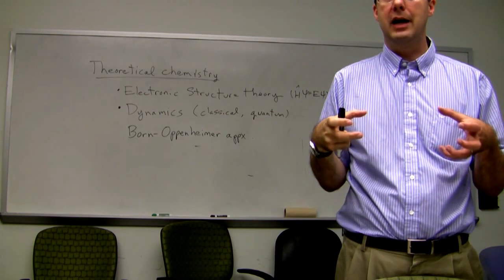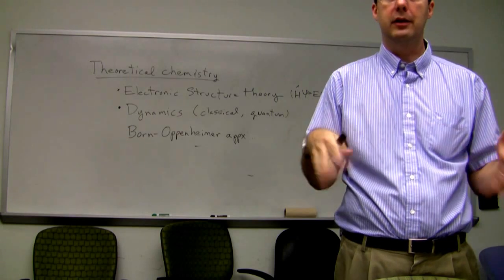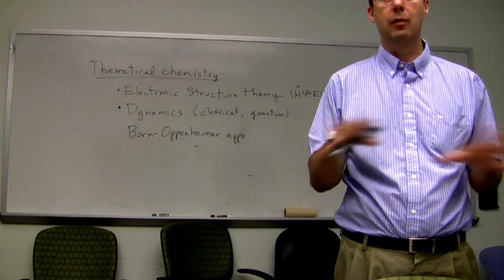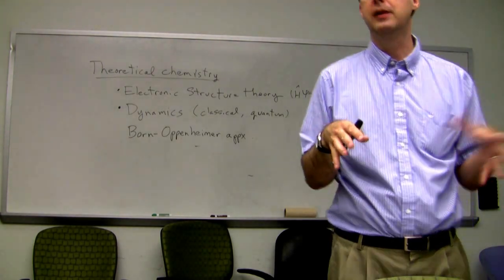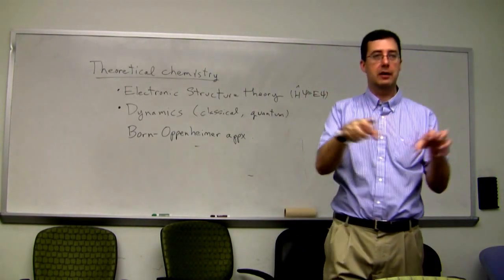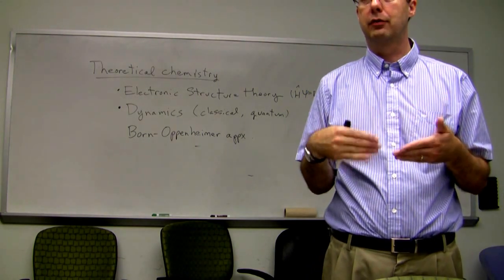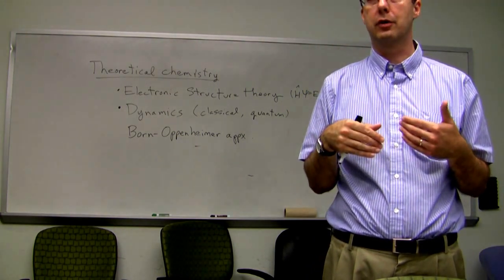So wherever your nuclei are, the electrons will effectively instantly rearrange themselves to be wherever is optimal for them to be, according to the Schrödinger equation, for that given set of nuclear coordinates. And so that gives you a prescription of how to actually solve the full Schrödinger equation.